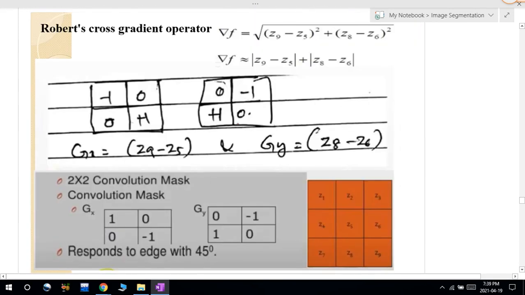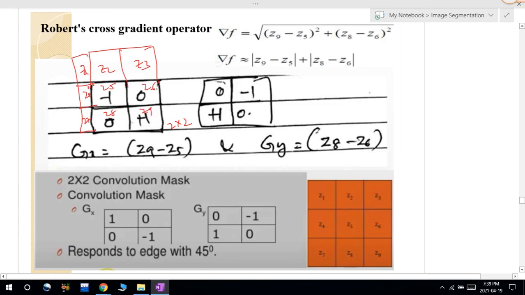In the Roberts operator, we will use only a 2 by 2 matrix. In this manner, this is your Z1, Z2, Z3, and this is your Z4, Z5, Z6, and this is your Z7, Z8, Z9.